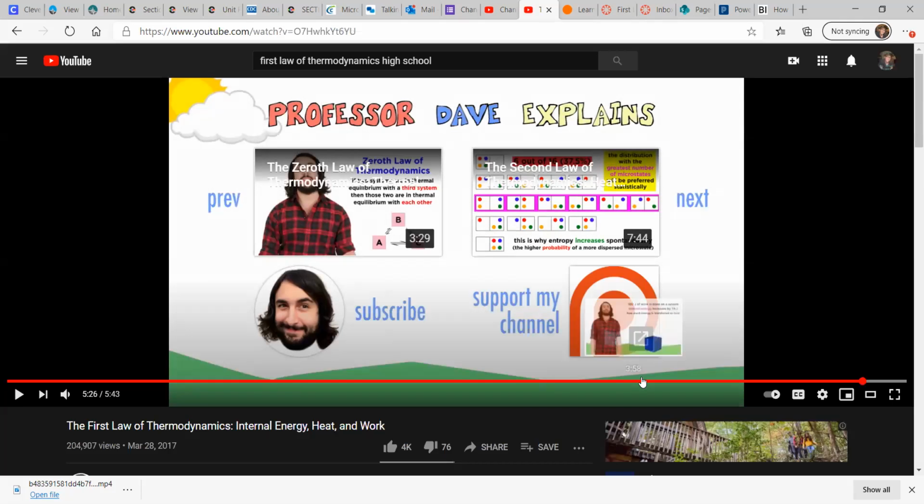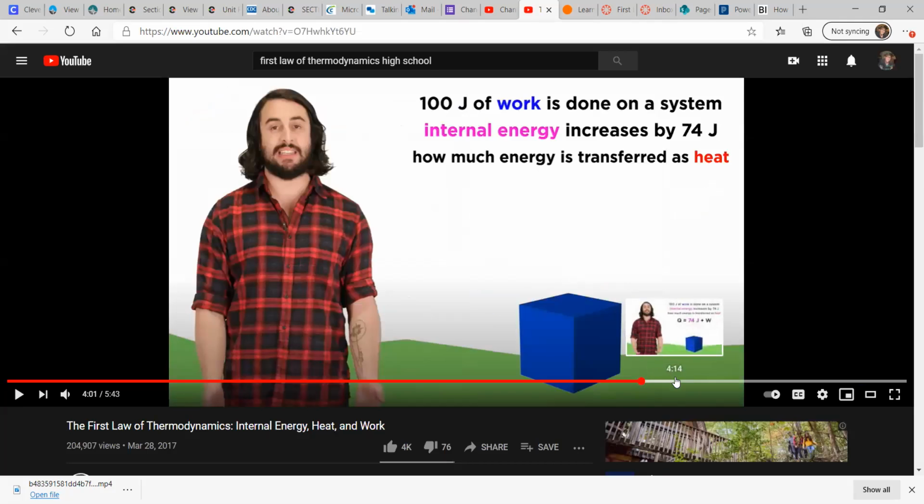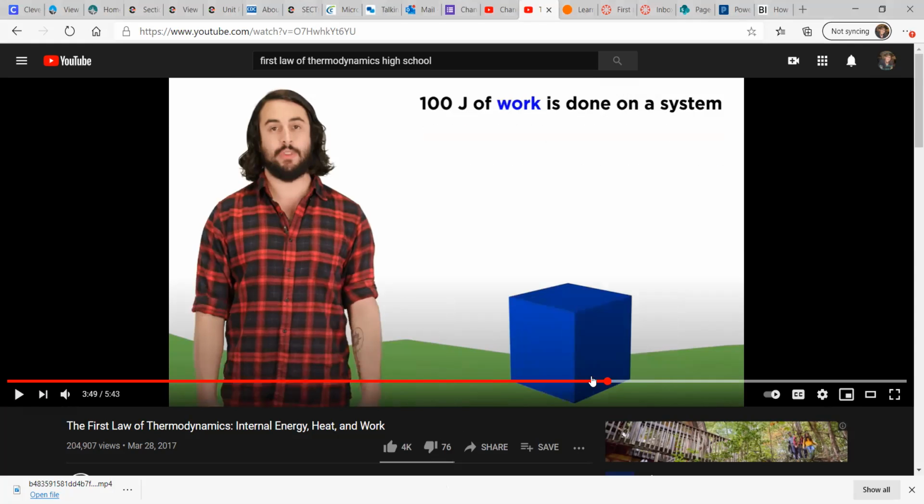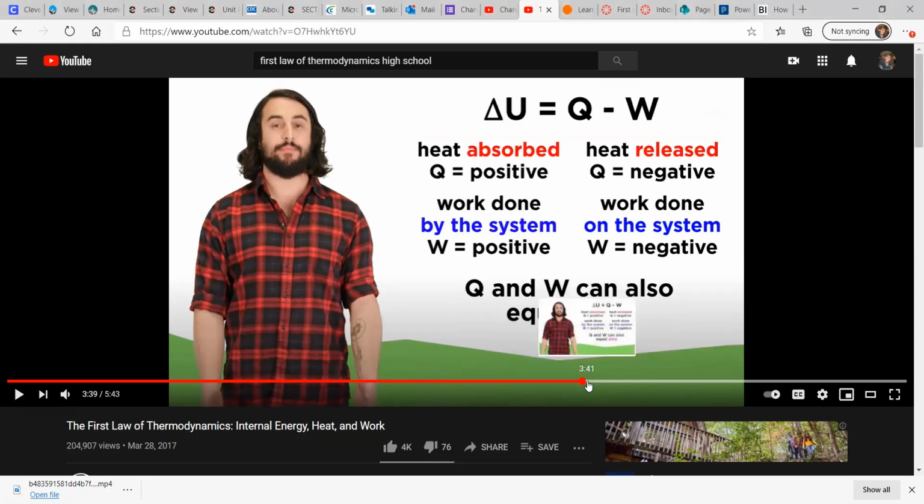So if you go to this example, he has another example here. Let me do a new share. Share computer sound. There you go. So here's another example.